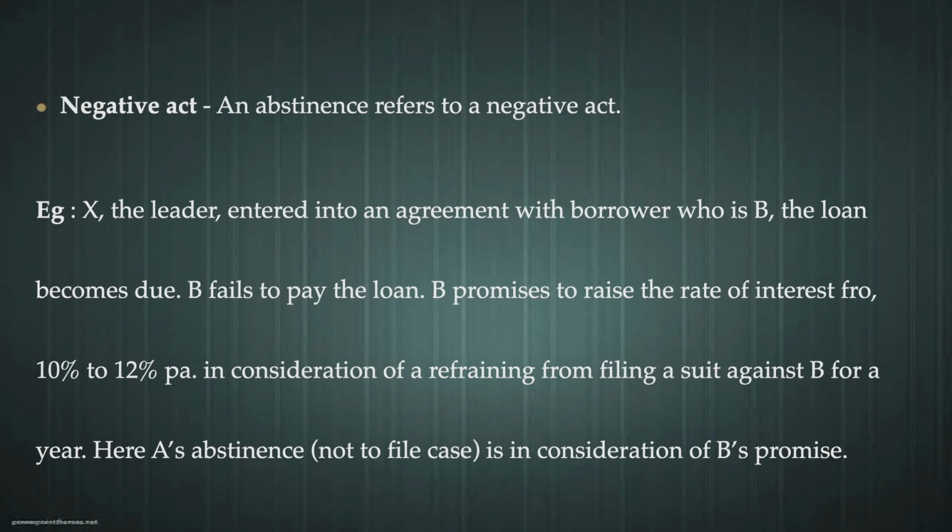So what B says is, I promise to pay you extra percentage of interest and clear the loan. Give me 1 year's time, provided you will not file a case against me. Is that clear? So here A's abstinence, that is not to file a case against B, is in consideration of B's promise. Understood what is a negative act here?